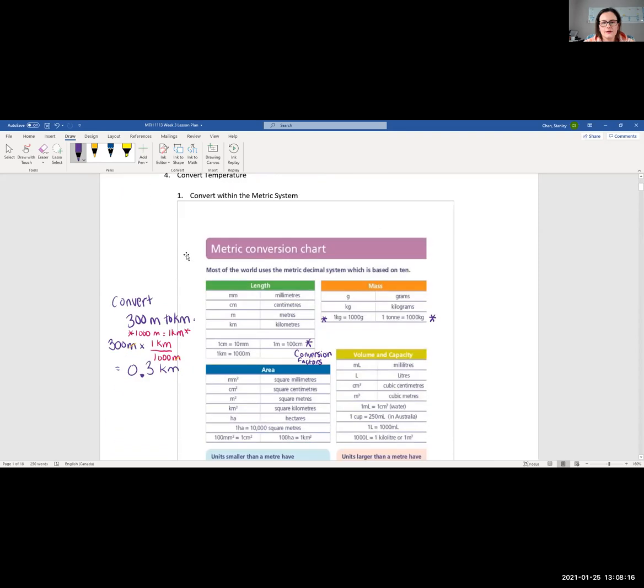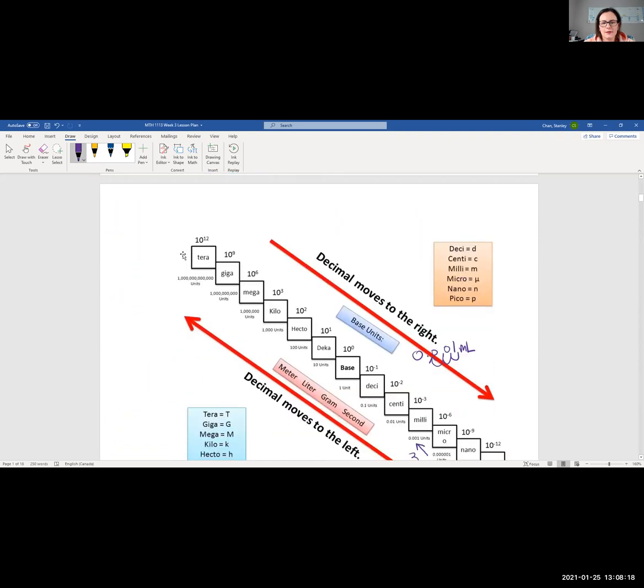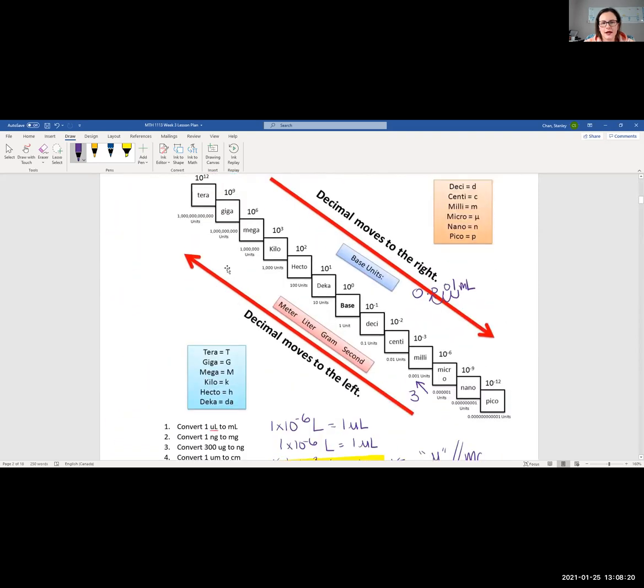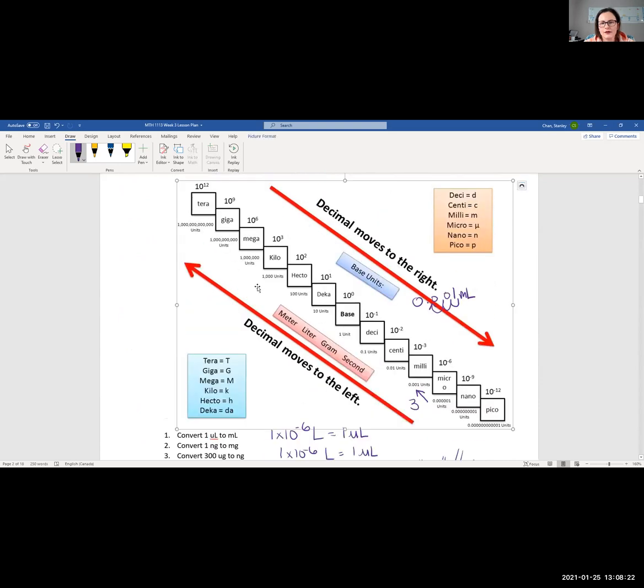And in terms of what I'll be giving you on a test, I will be giving you the conversion factors. I could even give you this diagram if you like on a test. I don't know if you find this particularly helpful or not. Would you like it on a test? Like I could give you conversion factors and just say there's 100 centimeters in a meter. So someone's saying yes.